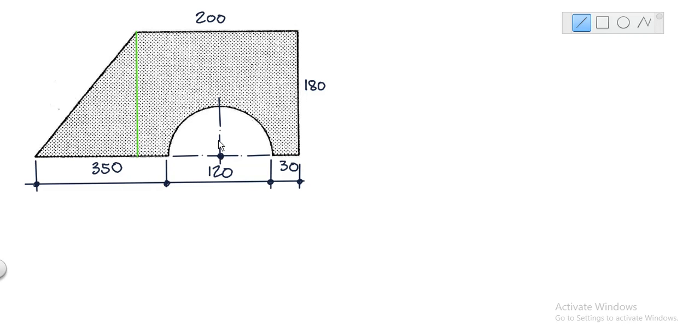Before we start, we need to work out the dimension from there to there. It's 350 plus 120 plus 30 minus 200.